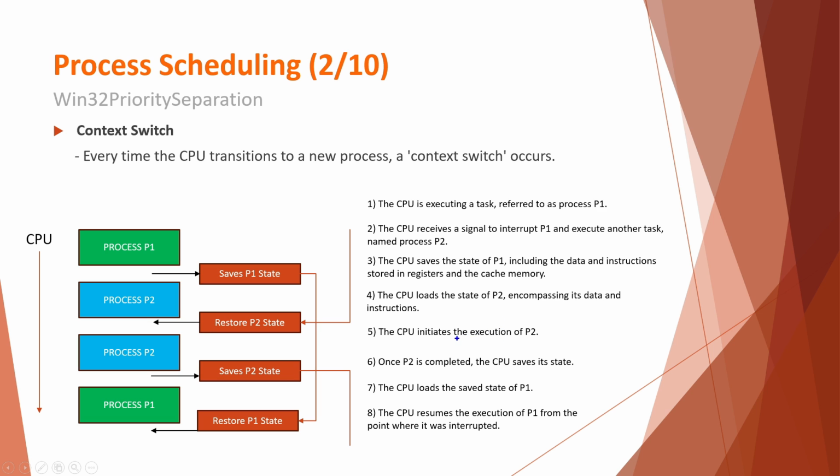The CPU initiates the execution of process 2, and when process 2 is completed, the CPU saves the state here. The CPU loads the saved state of process 1, and the CPU resumes the execution of process 1 from the point where it was interrupted.